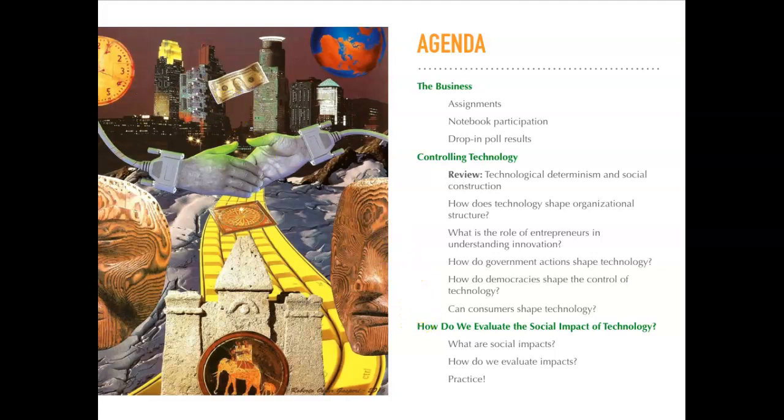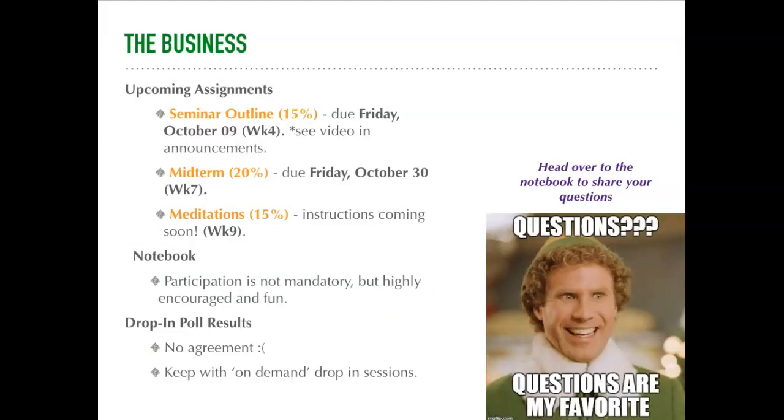So let us begin with the business. I wanted to connect with you and just point out some upcoming assignments and dates that you will want to be aware of. Of course, these are all in our course calendar and clearly marked.